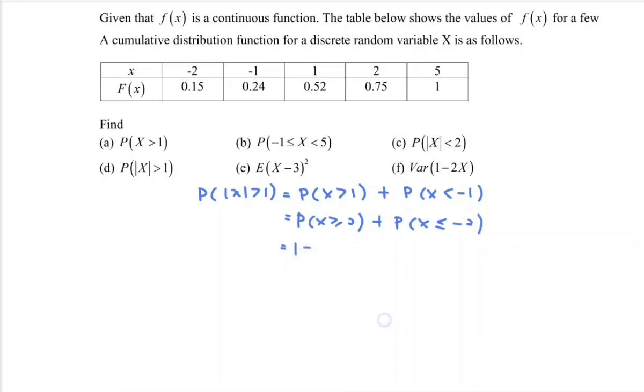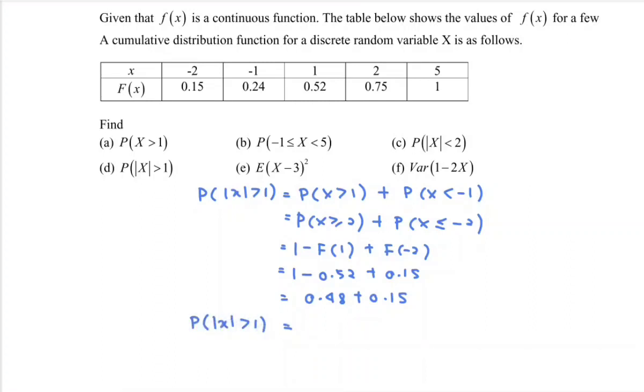So 1 minus f(1), so 1 minus 0.52, so here we have 0.48. Next, we have to add on f(-2), so plus 0.15. So the summation would be probability that modulus of x greater than 1 equals 0.63.